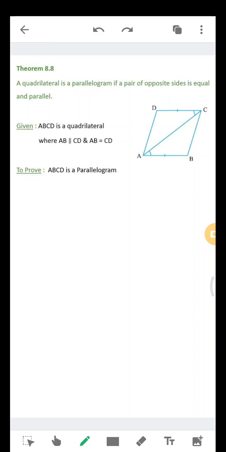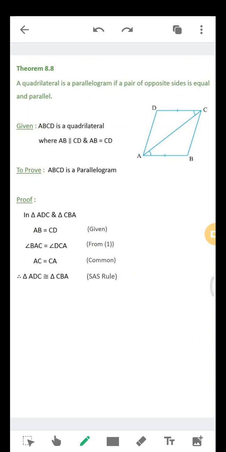To prove this ABCD is a parallelogram, we'll prove these two triangles are congruent. Triangle ADC is congruent to triangle CBA by using a suitable congruency rule. So I can say AB is equal to CD because it is given to us in the question, and I can say this angle BAC is equal to angle DCA. They are alternate angles.